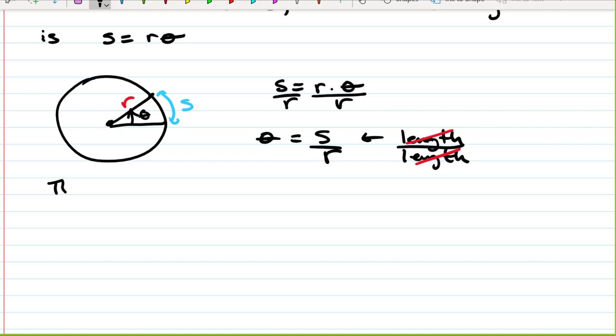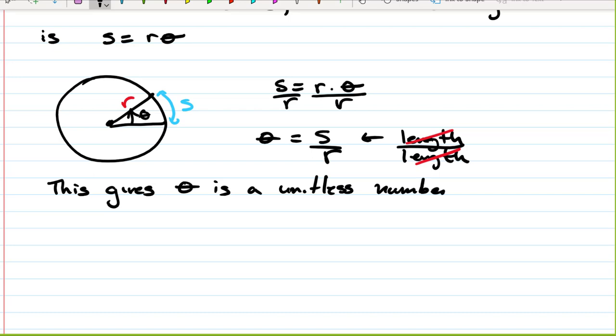So this gives that theta is a unitless number. And this is why radians are preferable, is they're not a derived unit. They are just a pure number, so the set of real numbers.